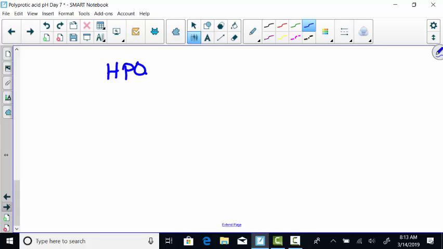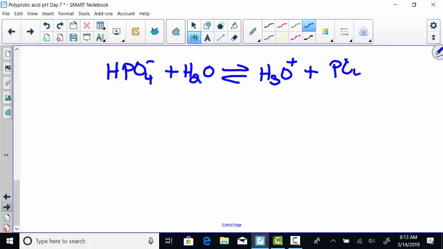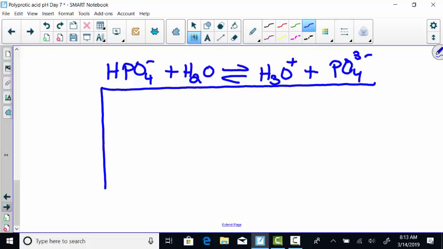HPO4 minus plus H2O, H3O plus, PO4 3 minus. Now I'm going to get the concentration of that last ion. So we're still making a nice chart.